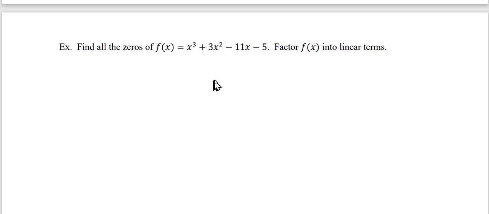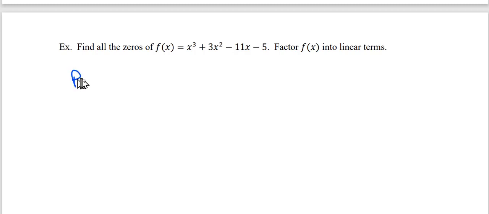But factoring by grouping will not work here, because when I factor the x squared out of the first two terms, it's going to leave x plus 3, and the GCF of negative 11x minus 5 being negative 1 would be 11x plus 5 left in there when you take the negative out, and that doesn't match the x plus 3. So if they don't match, factoring by grouping doesn't work.